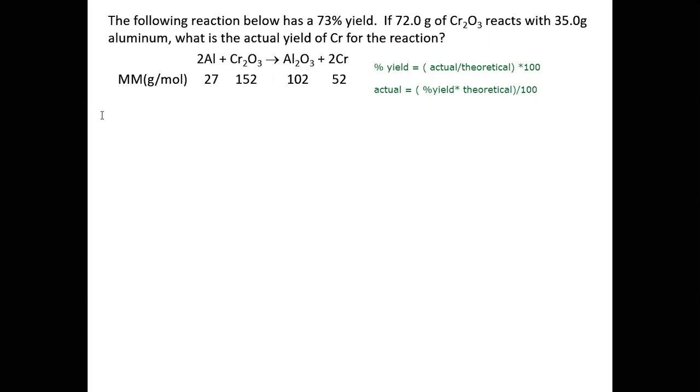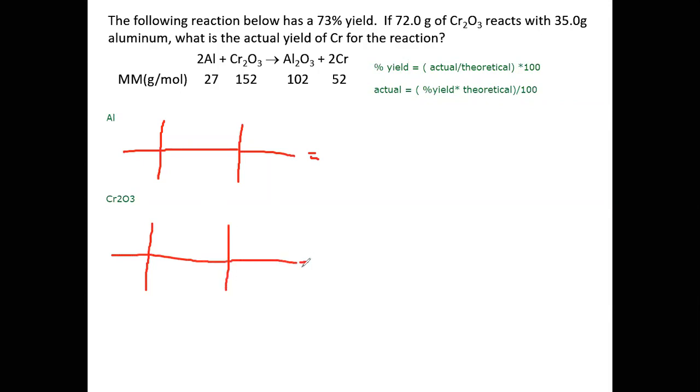So again, we're going to set up two sets of calculations, one for aluminum and one for chromium 3 oxide. And typically actual yield is given in grams because you can't use a balance to measure moles.